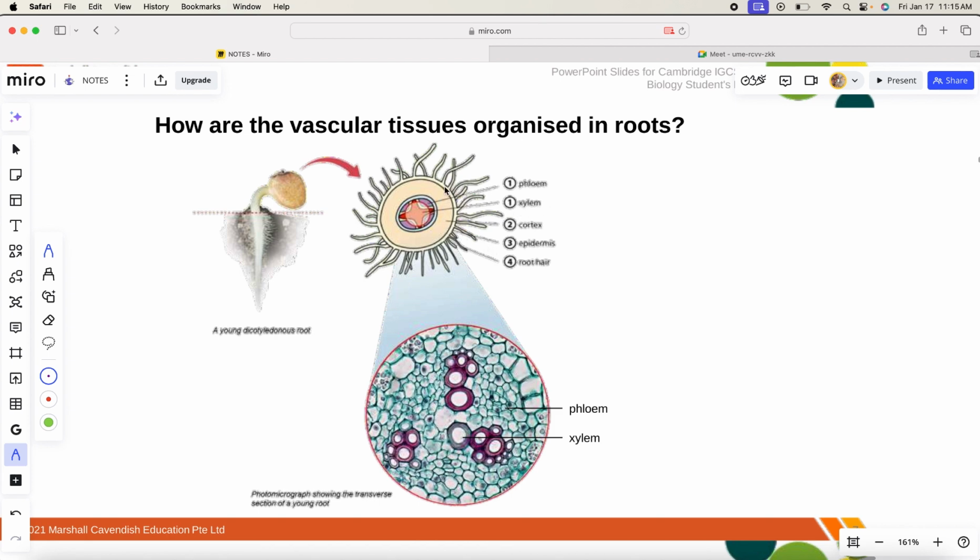Then the cortex is this yellow surrounding. Then this is the epidermis layer, the circumference line, the dark pencil line. Then these are the root hairs. So that's it for the root. Now let's move to the next one.